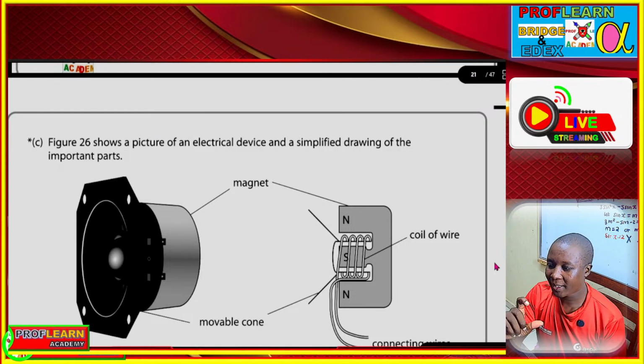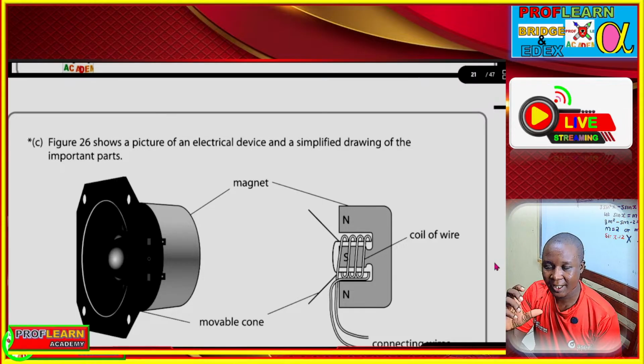So when alternating current flows through the coil, magnetic fields are created due to the flow of current. These magnetic fields are going to interact with the magnetic fields of the permanent magnet.